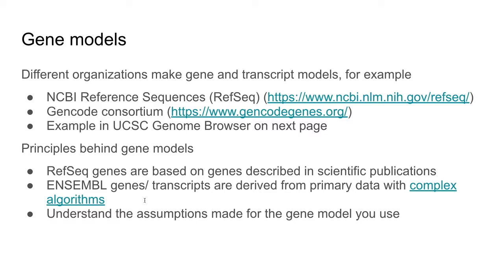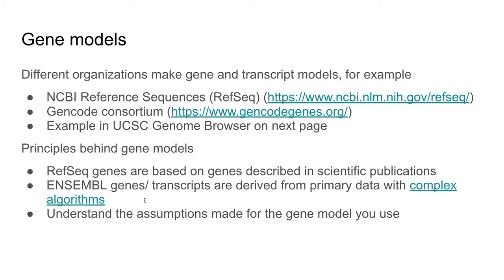So the approach of RefSeq is to have a relatively small set of genes with high confidence. The approach of Ensembl is to get as many genes as possible, but for each gene to give a certain level of confidence, so that the RefSeq genes would be part of the Ensembl genes, but Ensembl would have additional genes which are not in the RefSeq model.